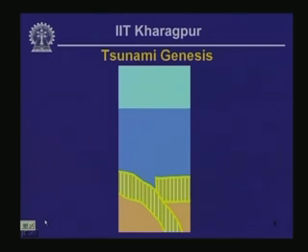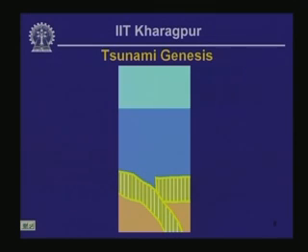This particular wave is going to move away, as is indicated in the animation there. So the water wave was like this, and after the water wave is generated, just like any other periodic wave, the water wave is going to move away, carrying the energy released because of the crustal movement with it.